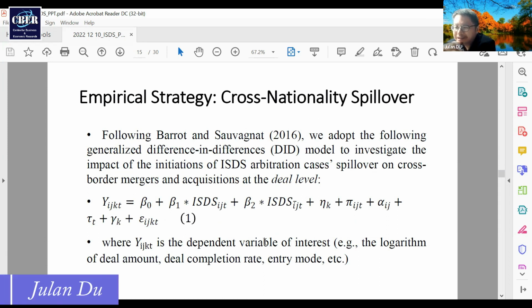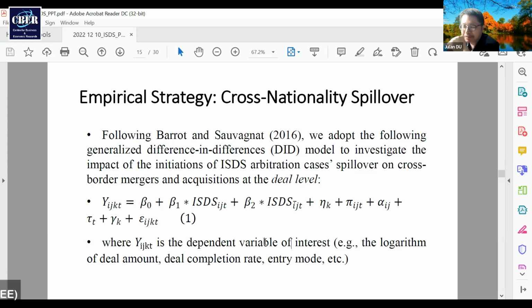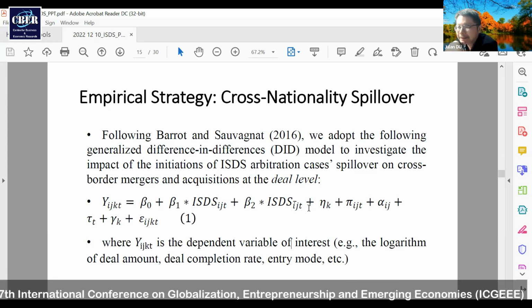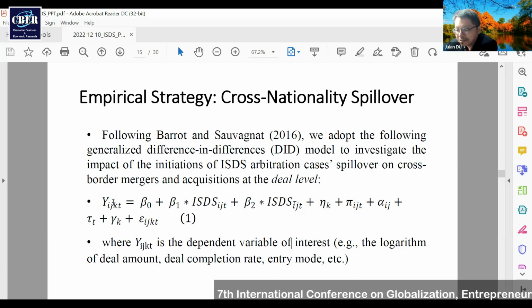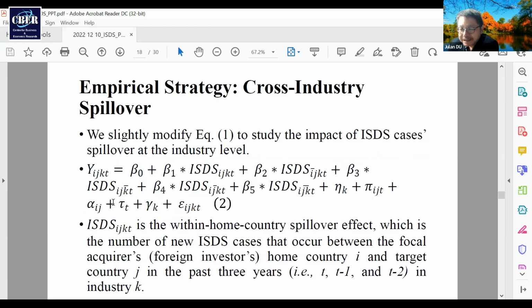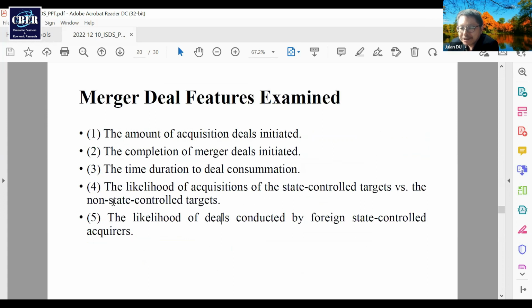In some sense, it's a kind of generalized DID model, right? We look at the effect of some right-hand side variable, the country level disputes, on deal features. Because of time constraint, let me mention some of the deal features we look at.